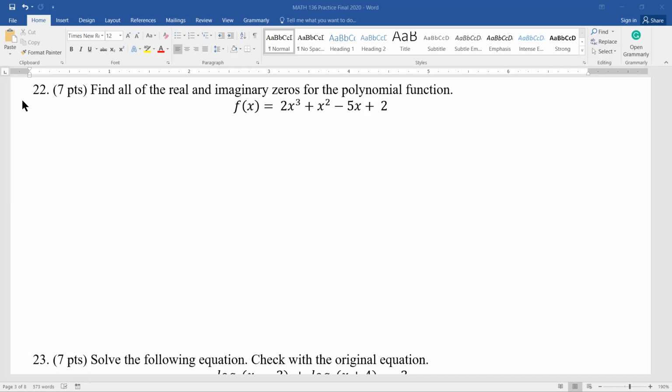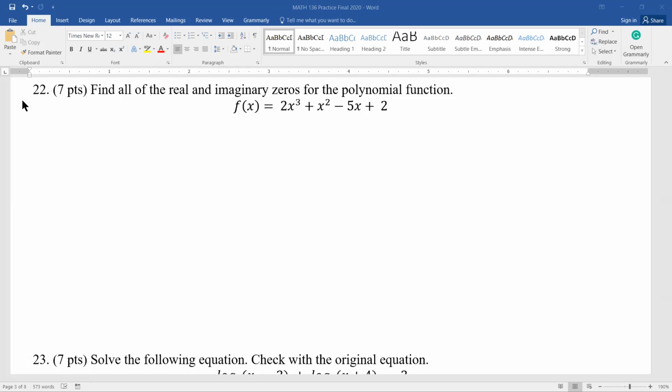So 2 numbers that multiply to give me -4 but add to give me 3: 4 and -1. We reduce the 2 and the 4 to be 1/2. So now I have factors x plus 2 and 2x minus 1. I'm going to set them both equal to 0, so you get x equals -2 and x equals 1/2.